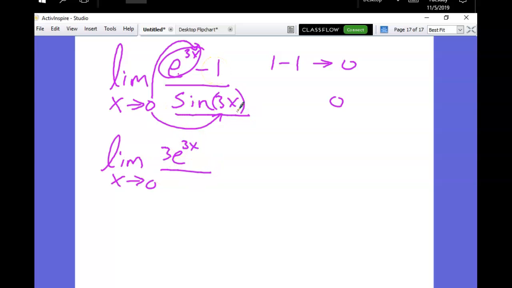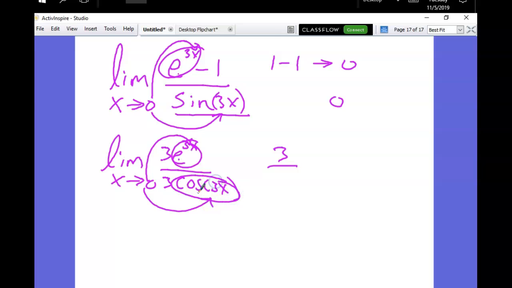And we already know how to do this as well. Direct substitution. This is 1. If you plug in 0, you get 1. So 3 times 1 is 3. Direct substitution here, this is also 1. So 3 times 1 is 3. And therefore the answer is 1.